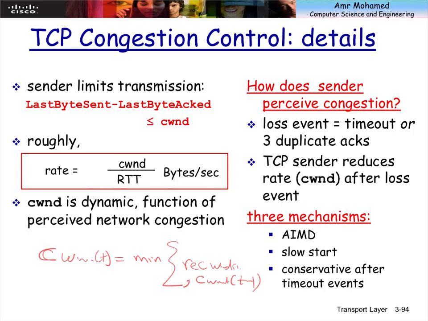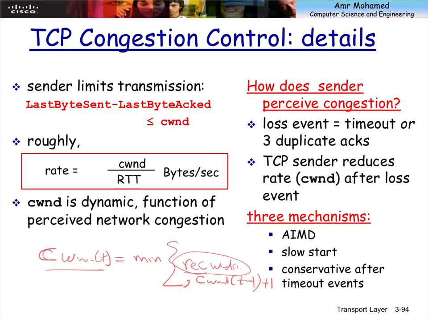So if the acknowledgement was received, the congestion window can increment. I can increment by 1, and I keep incrementing until I touch the receiver window. The receiver window means that you're not filling the network, but you're filling the receiver.